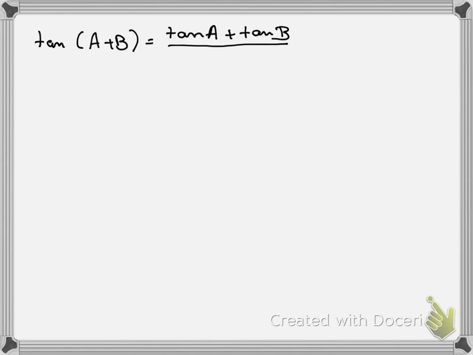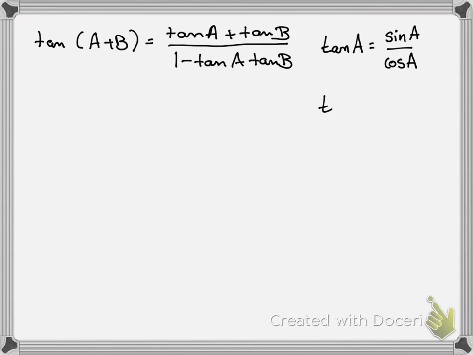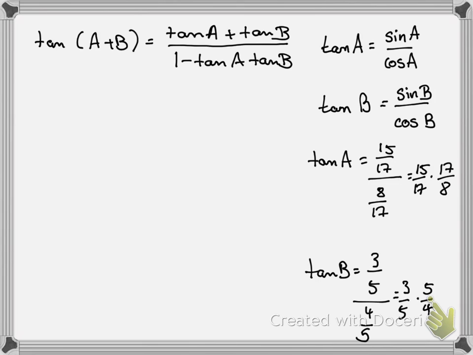The formula for the tangent of A plus B equals tan A plus tangent of B, all divided by 1 minus tan A tan B. So first of all, we have to find the tangent of A, which is the sine of A divided by cosine of A, and tan B would be the sine of B divided by the cosine of B. Okay, I already put the angles down here just to make this video a little shorter.